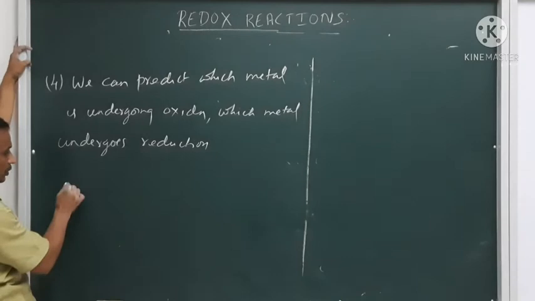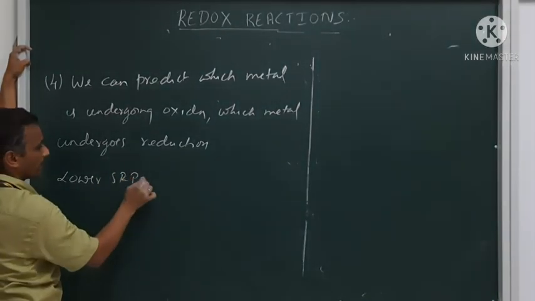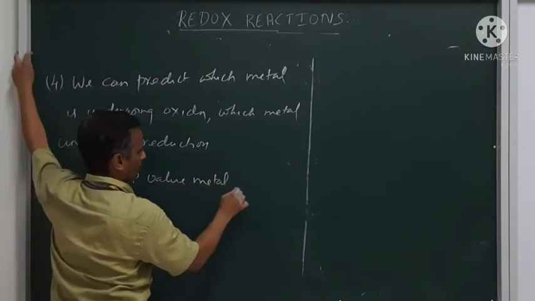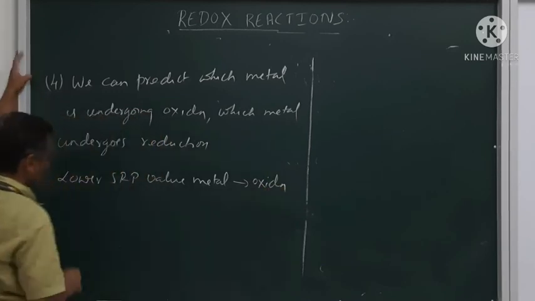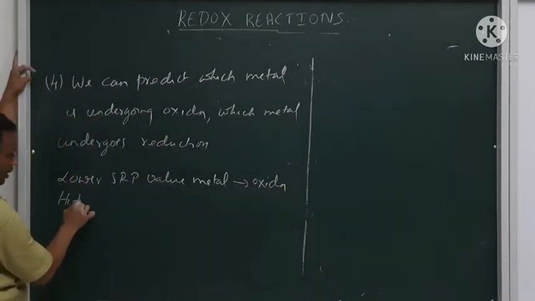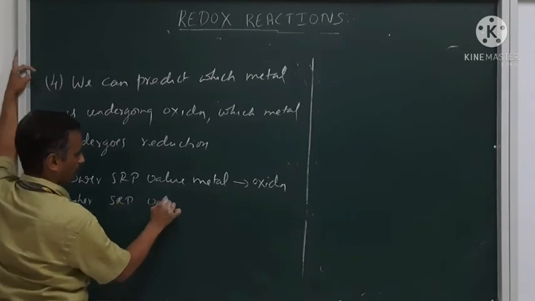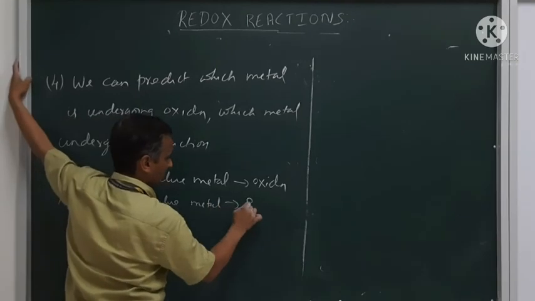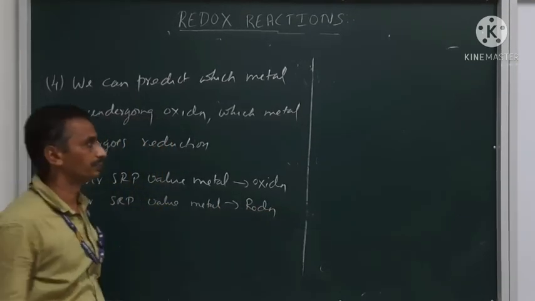You see, the metal with the lower SRP value undergoes oxidation, and the metal with the higher SRP value undergoes reduction when they are in contact with each other.